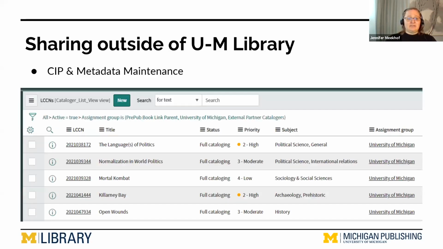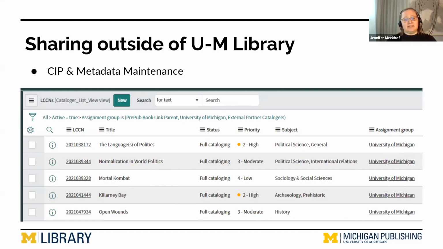Here I've created a screenshot of our CIP portal as part of an example of maintaining and sharing our metadata. One of the things we found in the beginning was that sometimes we'd miss a title to catalog, or Michigan Publishing might forget to send it. So they created an alert system that looks within the file of MARC records and looks for the DOIs.